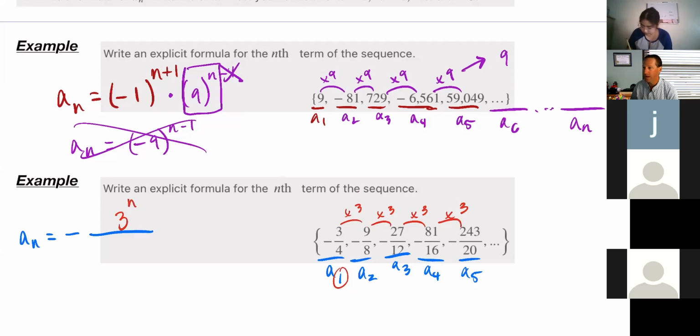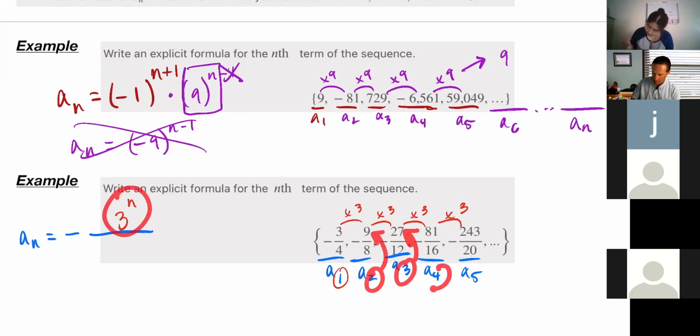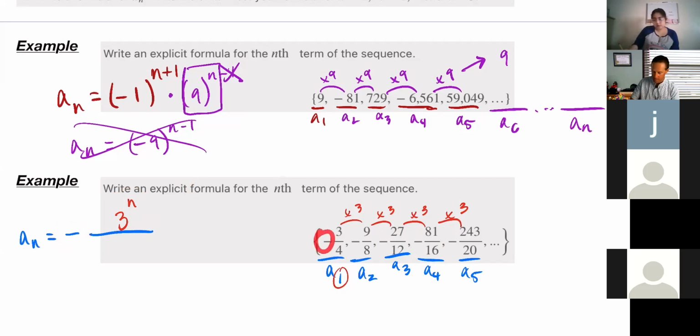Good. So I will write 3 to the n. And just to check for good measure, when I put in a 1, do I get out a 3? When I put in a 2, would I get out a 9? A 3, a 27, a 4, an 81? Yes. So far, looks good, and the negative is going to be there to get the negative for every single one of those. Details, guys. Make sure you pay attention to that.